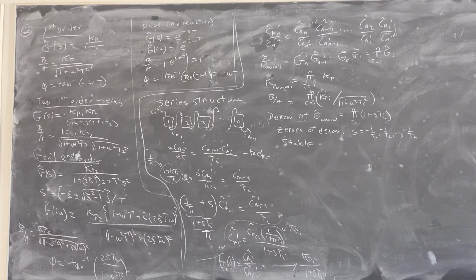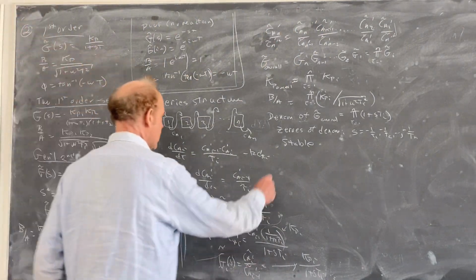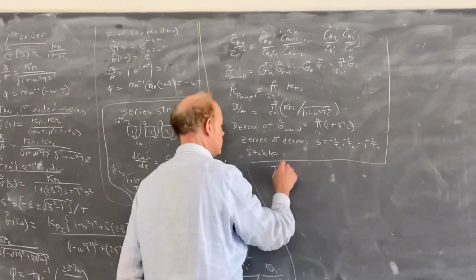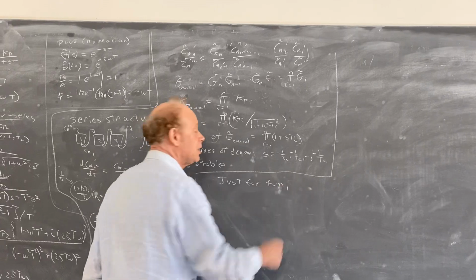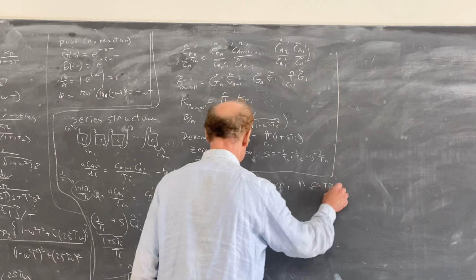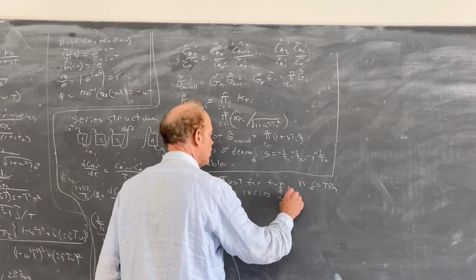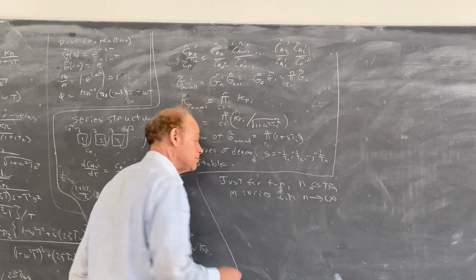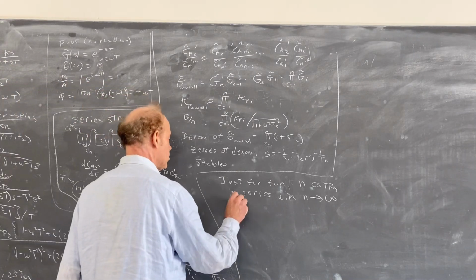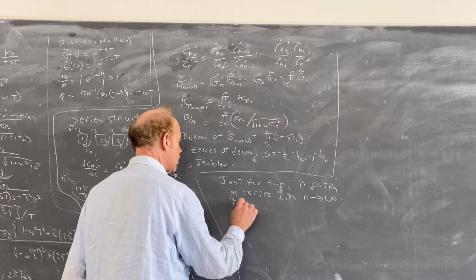Okay, so just for fun, let's look at a situation where I have n CSTRs in series, with n goes to infinity, but tau i goes to 0.